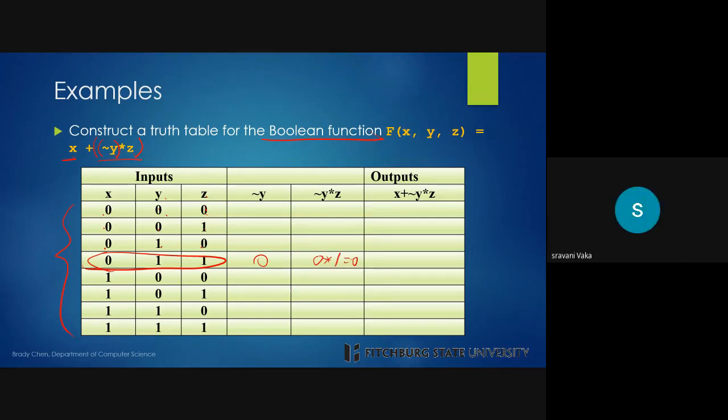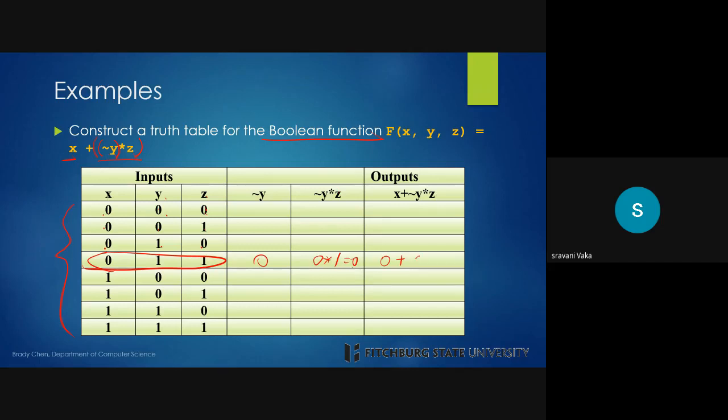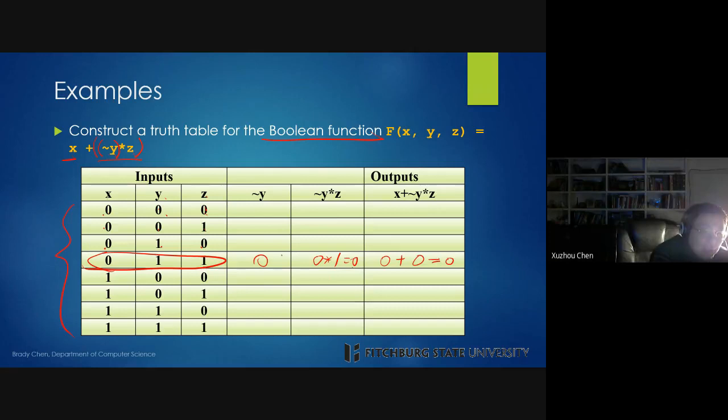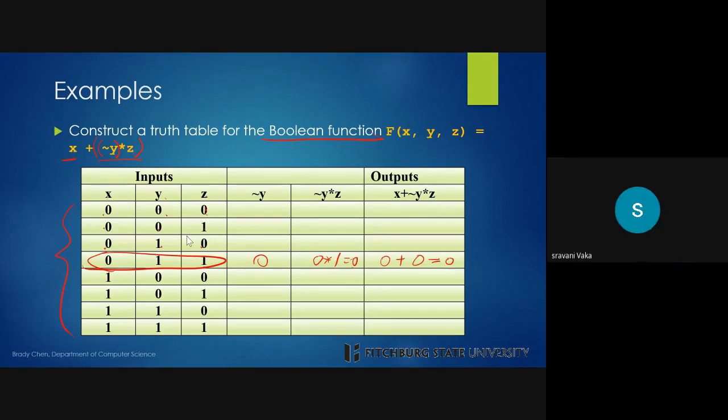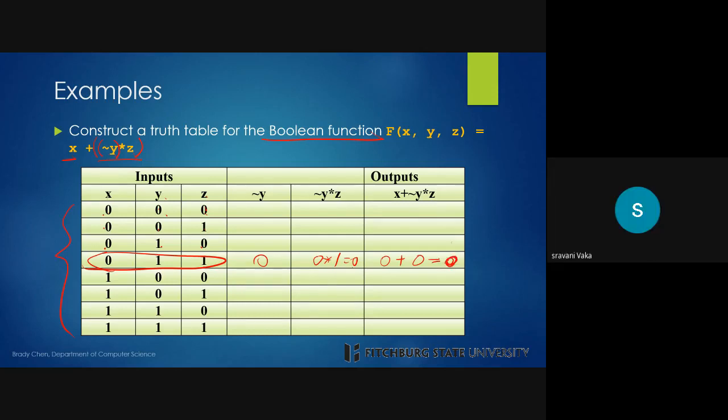Yes. And the x is 0 plus negation y, z, that's 0, it's 0, right? So you can actually do the same thing for each of the values of x and y, z. Then you can build the whole table. So the final answer is this, 0. So you can just fill out the rest of this.